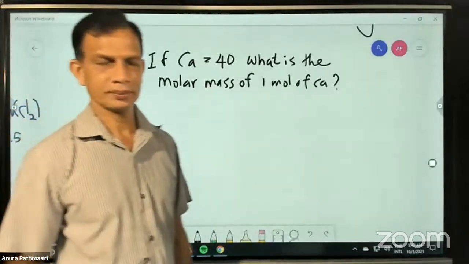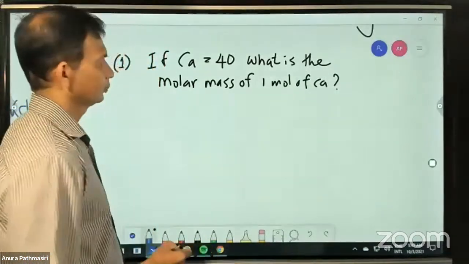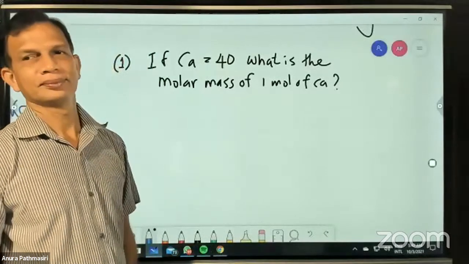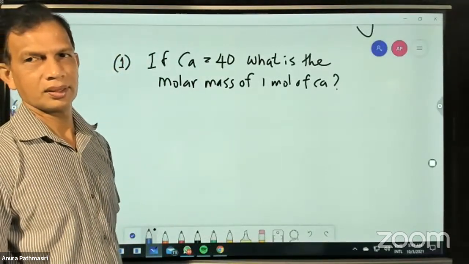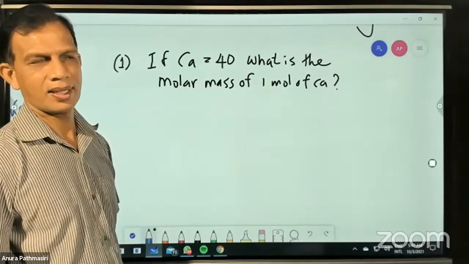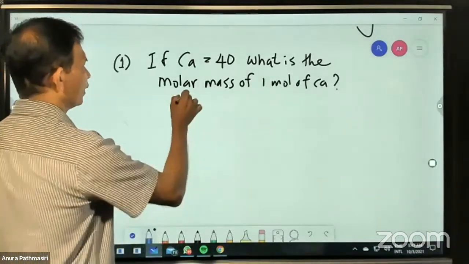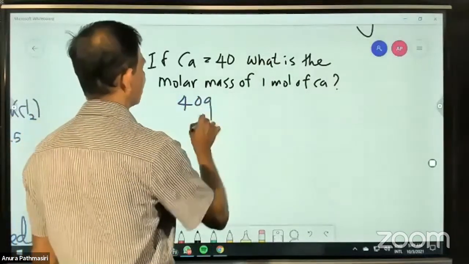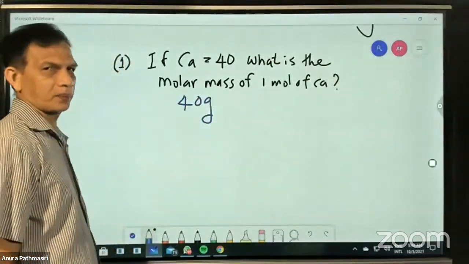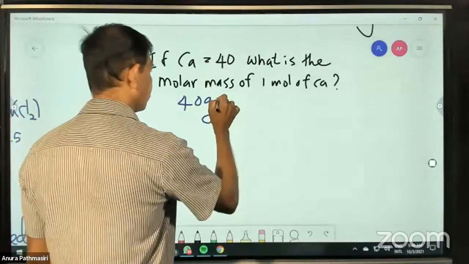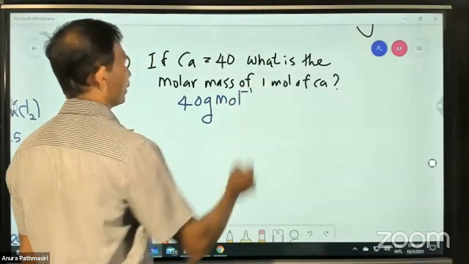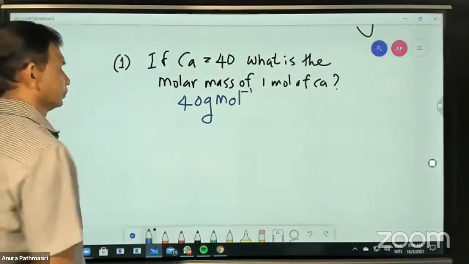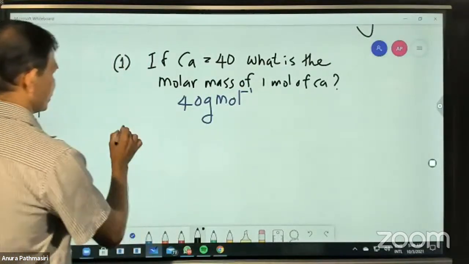The answer? 40 grams per mole. If you write 40 grams, it is wrong. Why? You need to write 40 grams per mole. I told you those are very simple questions, right?